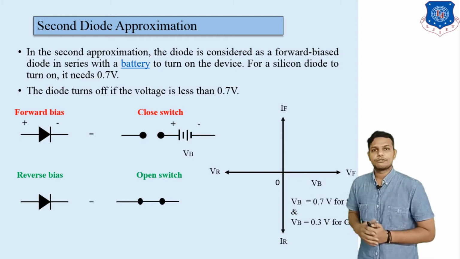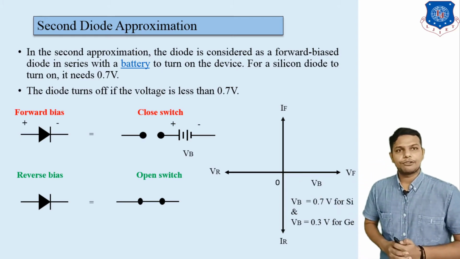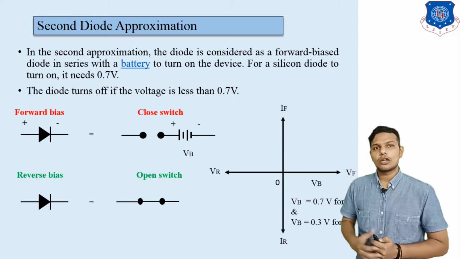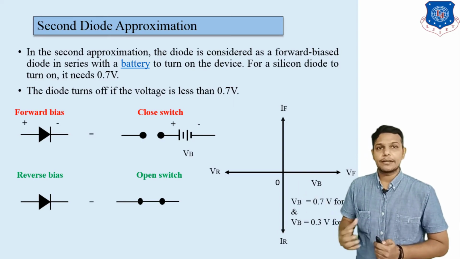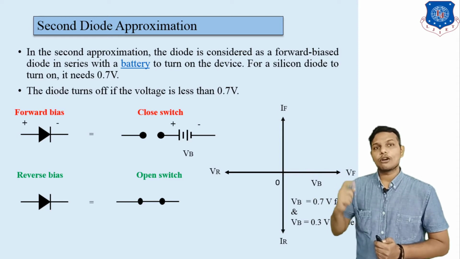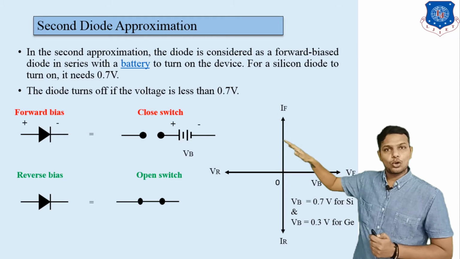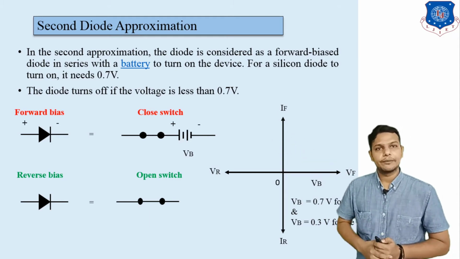Along with the graph, let's take case number 1, forward bias. Current always flows from plus to minus. The equivalent circuit of forward bias is a closed switch along with a battery.